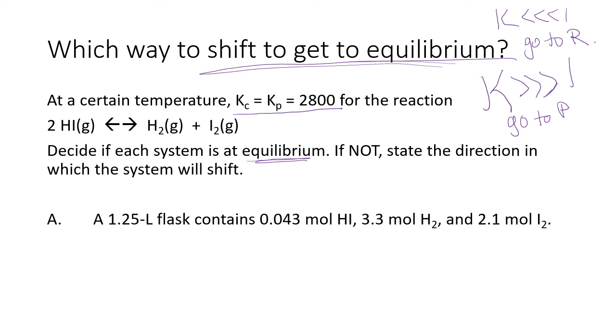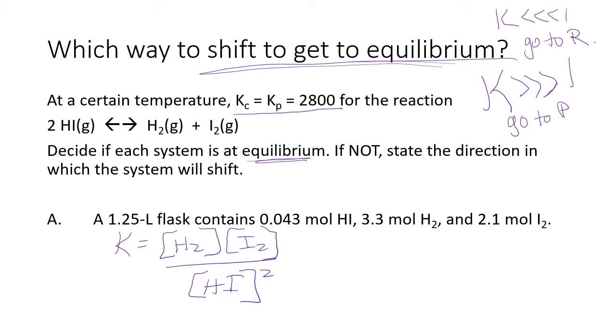Down here we're going to calculate. K is equal to H2 times I2 all over HI squared. They give me moles and liters, so I'm going to have to calculate my molarity.